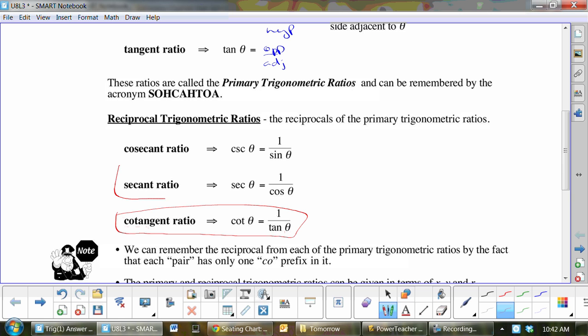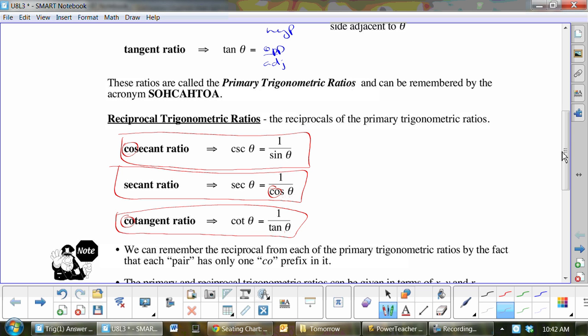Now, how do you know that secant and cos always belong together and cosecant and sine always belong together? This rule goes for all three of them: there is only one co per pair. So you know cosecant and cos should never be together.